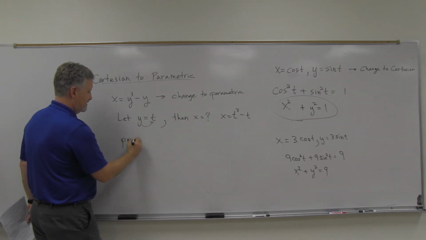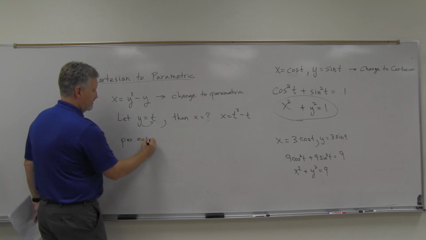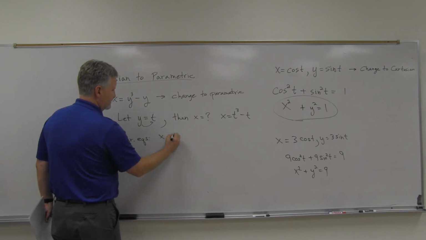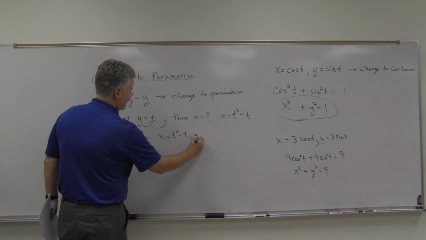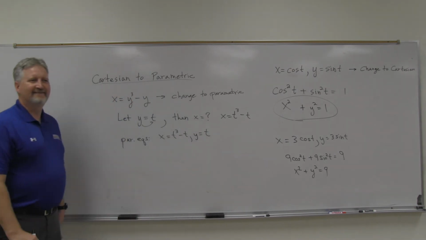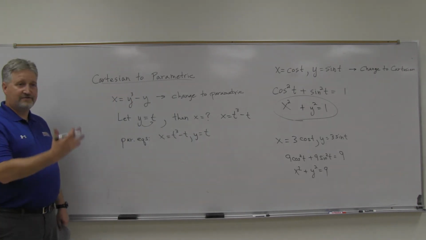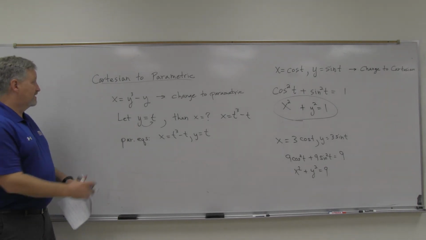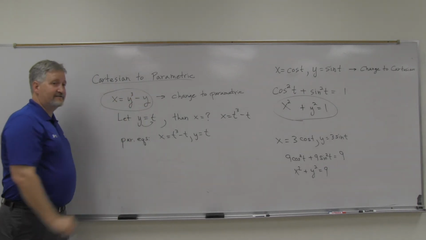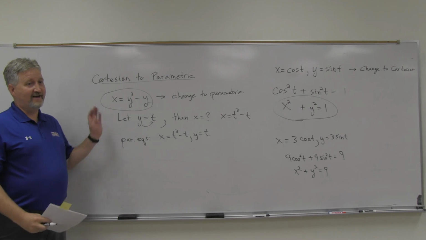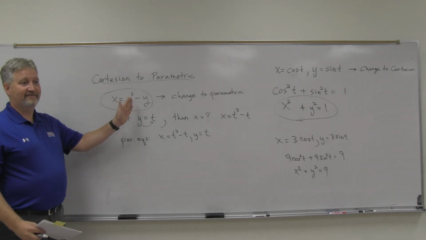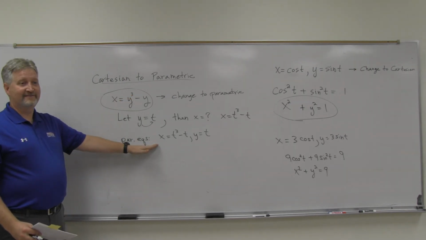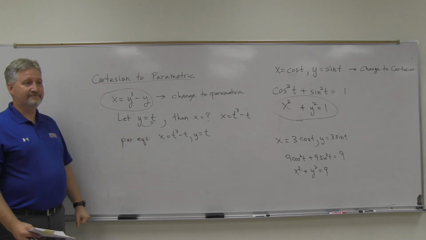The parametric equations for this, usually do the x first. So x equals t cubed minus t, y equals t. Which, on our calculators, we can't do x equals functions of y. We can do this though. So it gives us a way around that.